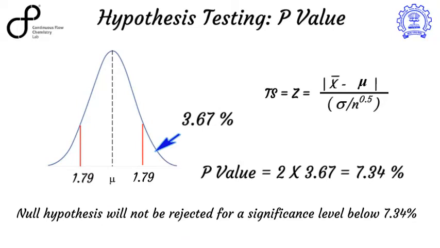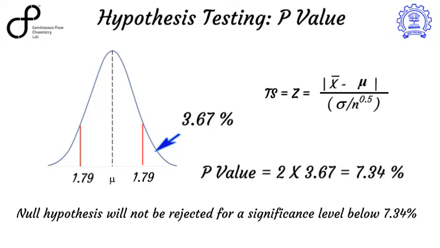Now, let us do the same for our previous example, wherein the test statistic was 1.79. This corresponds to an area of 3.67% above it. Therefore, the p-value will be 7.34%. In other words, the data will reject null hypothesis at a significance level higher than 7.34%.